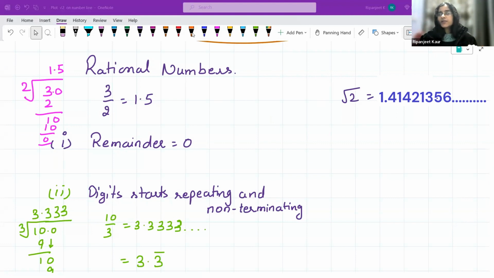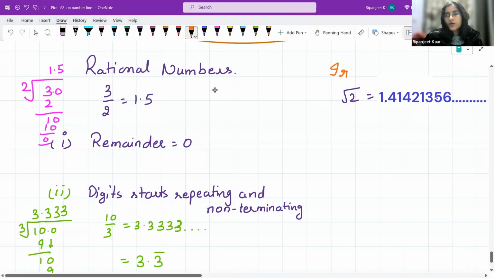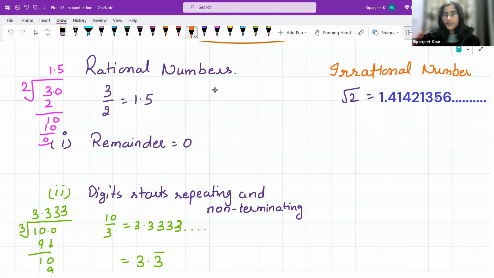And then let us see what tells us that a decimal representation is of an irrational number. The indication is very simple: number 1 is the same, the digits are non-terminating.